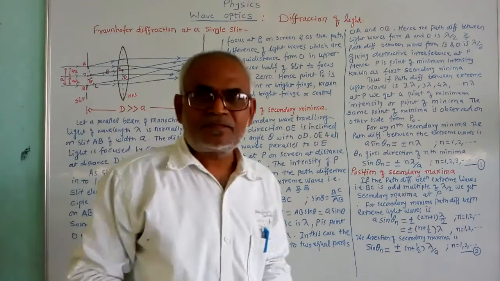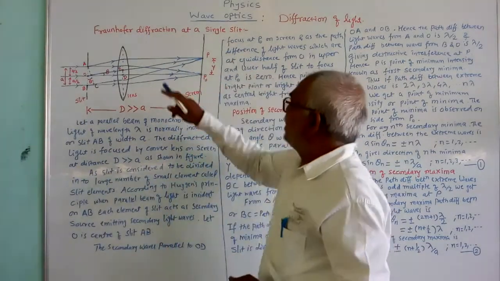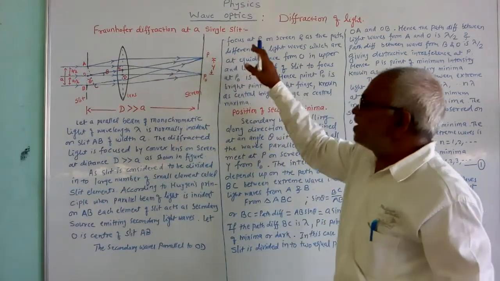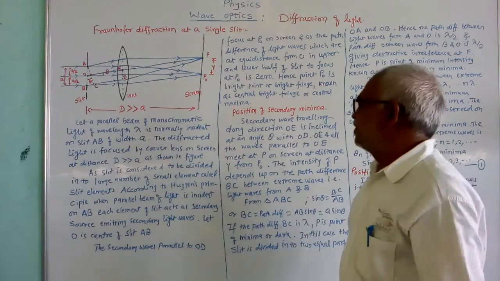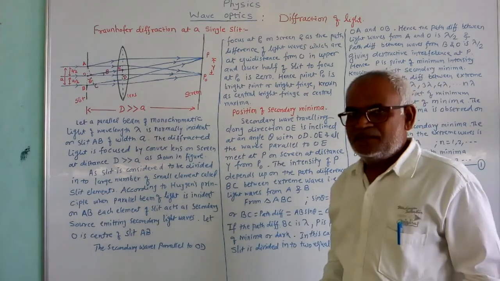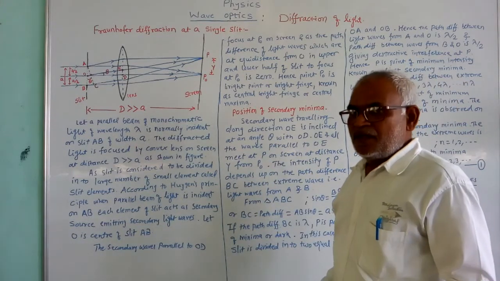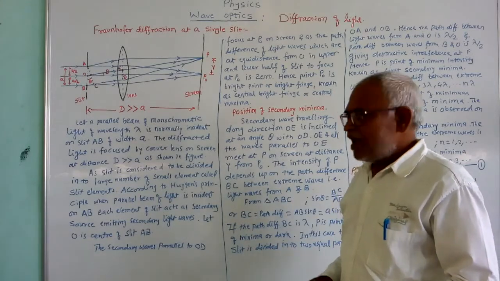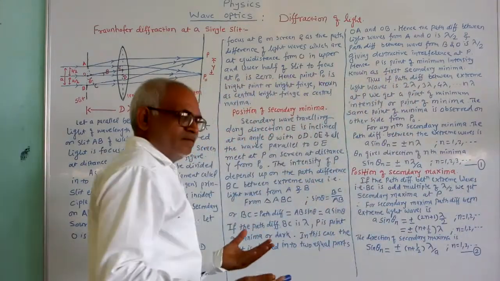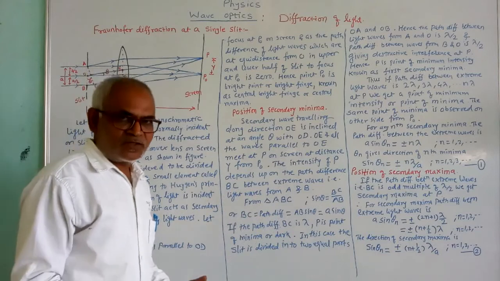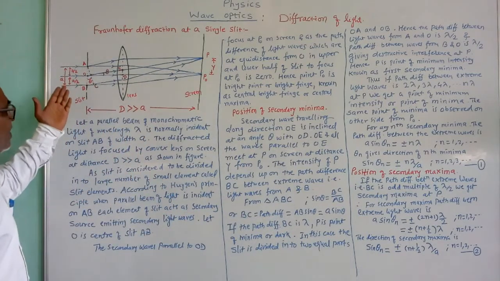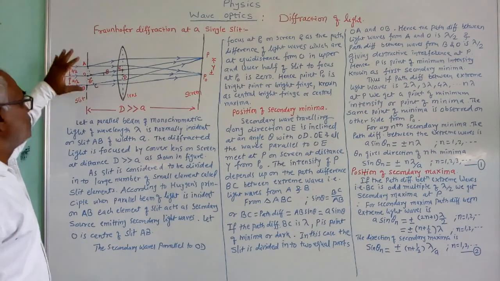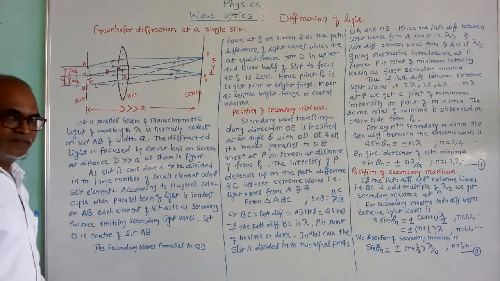Hello friend, we have to see the Fraunhofer diffraction on a single slit. In this, Fraunhofer uses a single slit and a parallel beam of light from a monochromatic source having a wavelength lambda, normally incident on that single slit whose width is a.